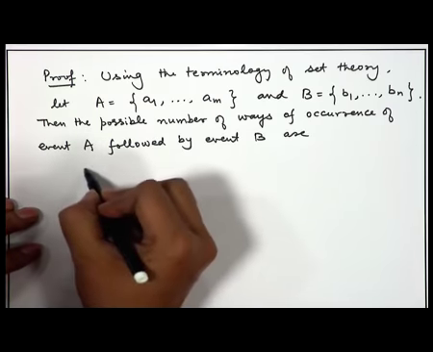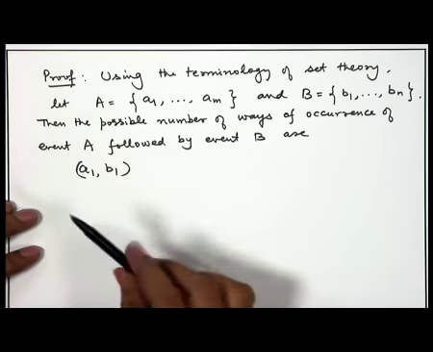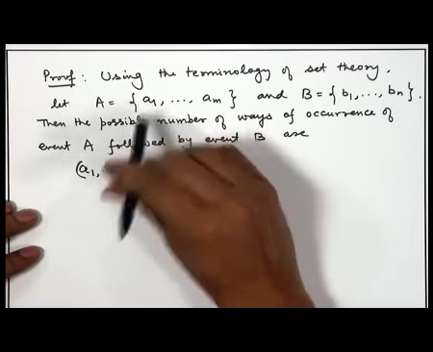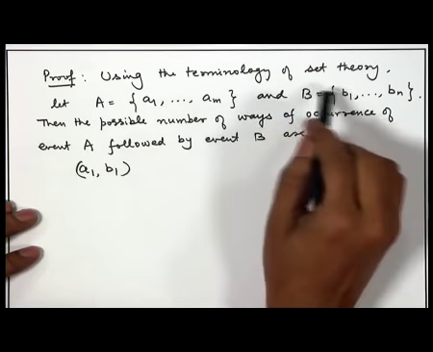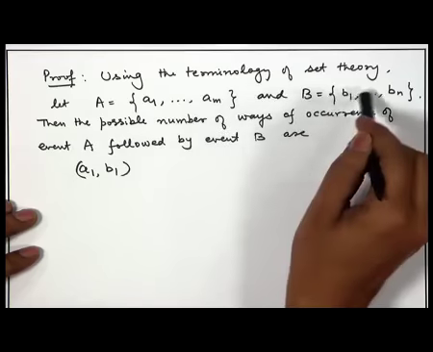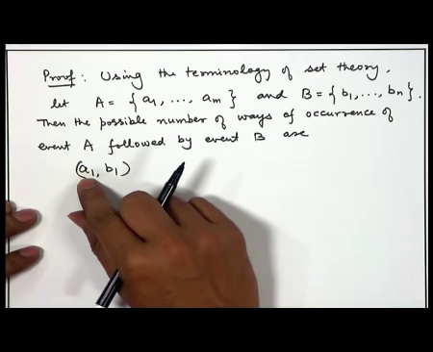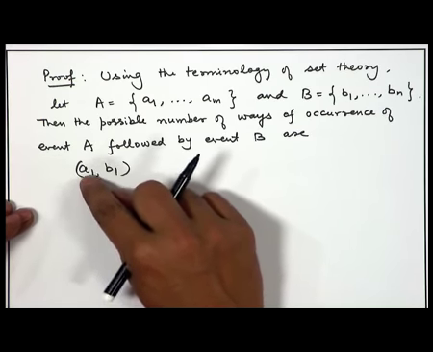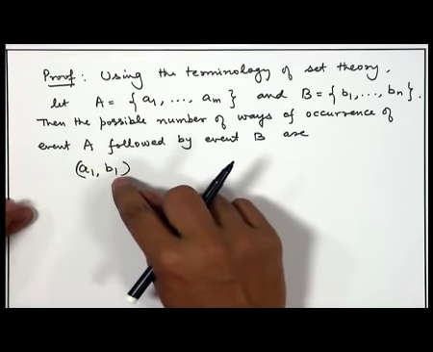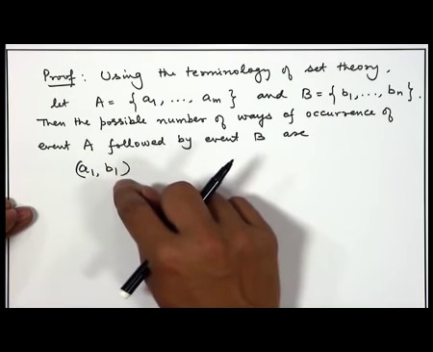So, for example, you can say A1 B1. What does it mean? That means, for event A to occur, we choose the method A1. Similarly, for the event B to occur, the occurrence is by B1. Like I can say, for travelling from Delhi to Mumbai, we chose a flight. So, maybe the first flight, and for travelling from Mumbai to Chennai, again we choose the first flight. So, it is A1 B1.